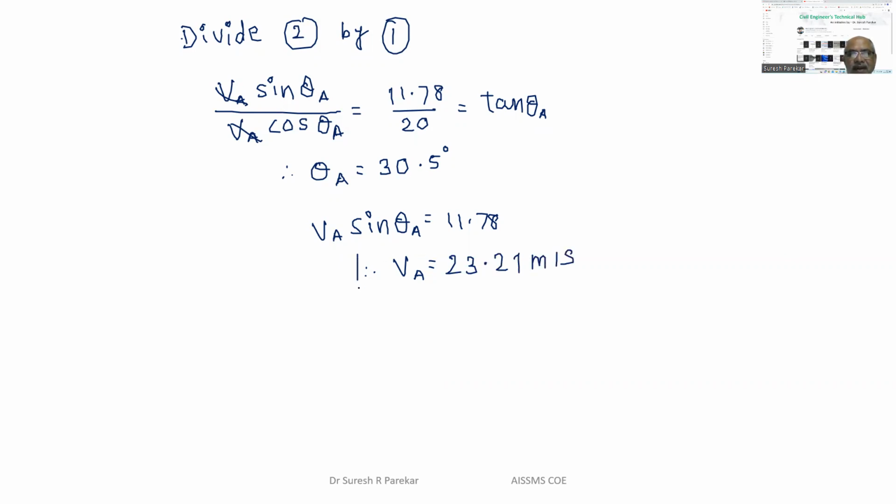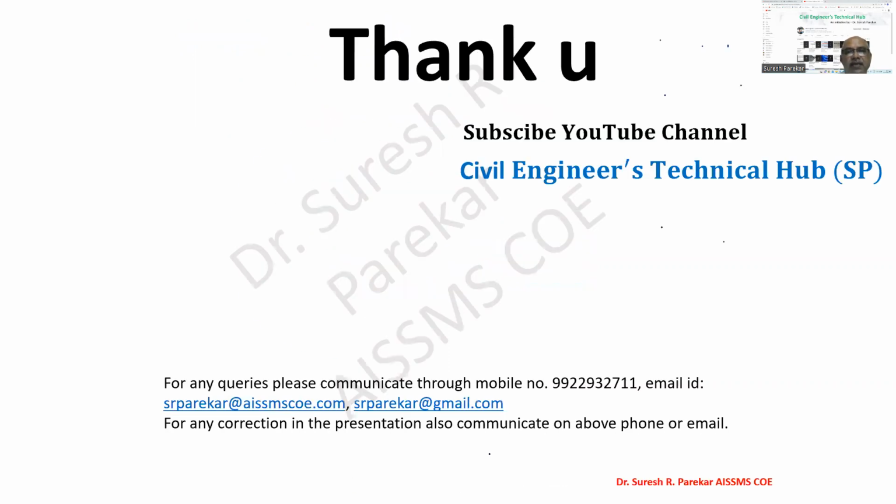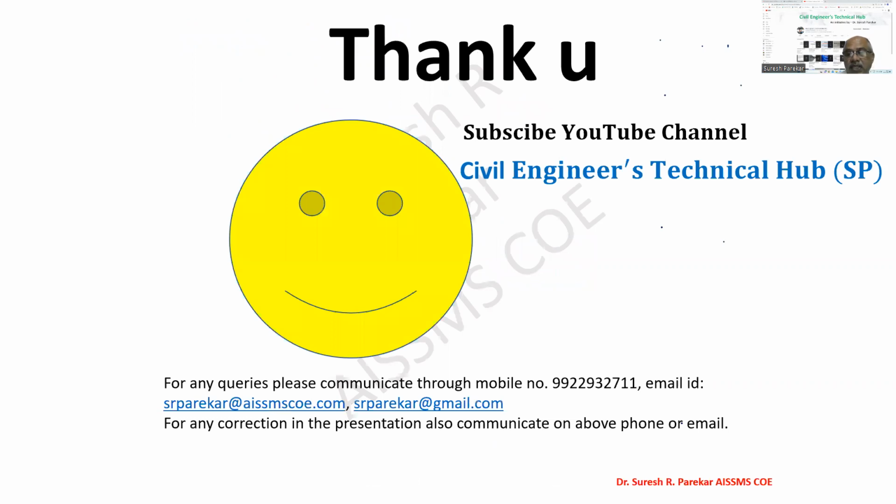If you consider cos theta, then the value may change a little bit. You can say 20 divided by cos 30.5, and it comes the same. So we have the same value from both, and therefore VA is 23.21 meters per second and theta A is 30.5 degrees. And likewise we have to solve the problems related to projectile motion.